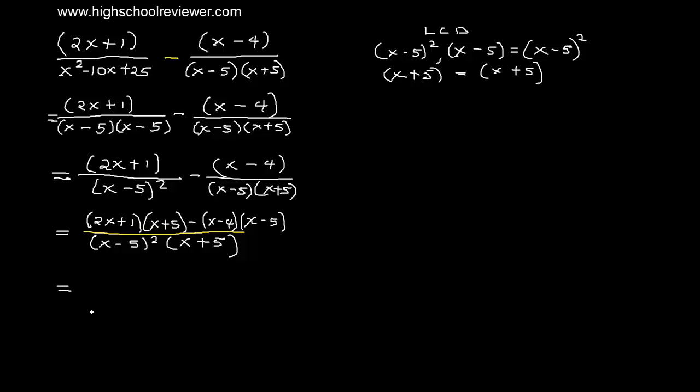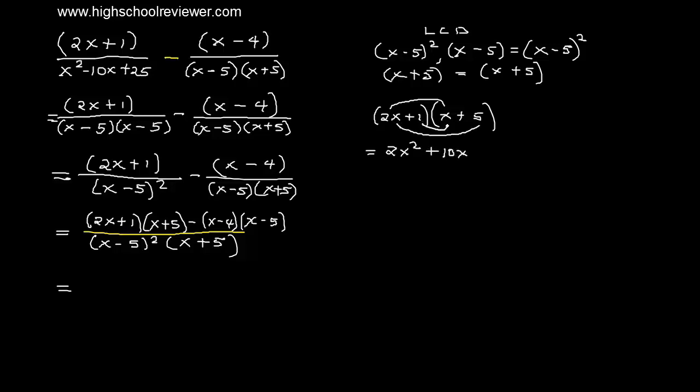And we will then multiply. So 2x, we will have here the quantity of 2x plus 1 multiplied by x plus 5, and using the FOIL method. So 2x multiplied by x, this will give us 2x squared. 2x multiplied by positive 5, this will give us positive 10x.